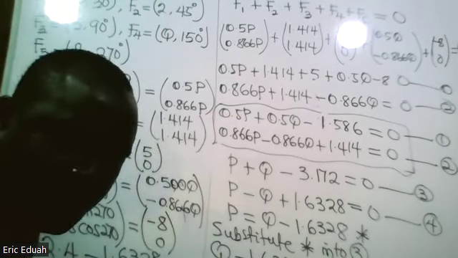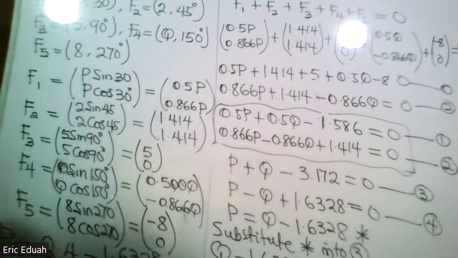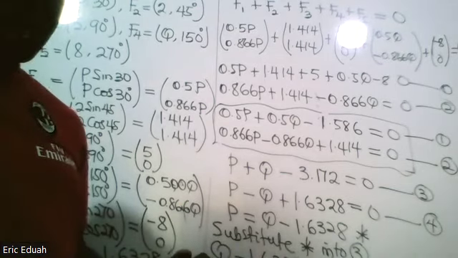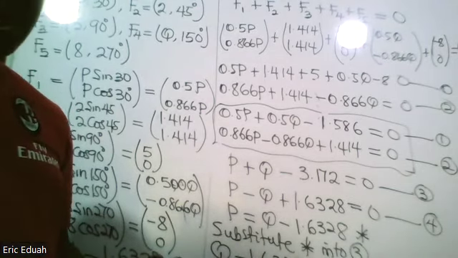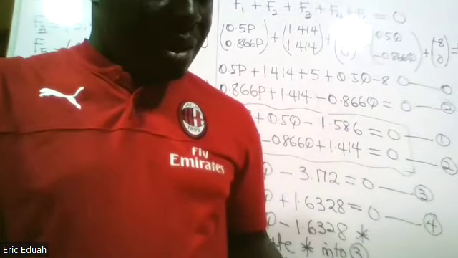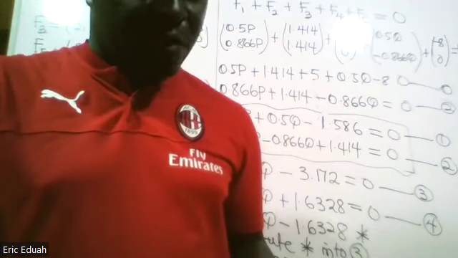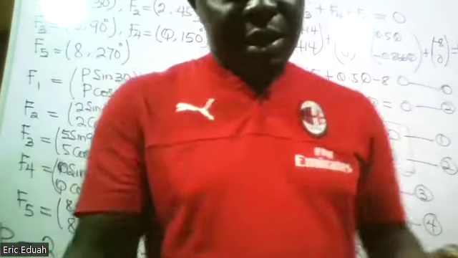Because I'm going to send you another question. I'm sending you another sample. So you try your hands on it and then forward. Calculate the magnitude and the direction of the resultant force.